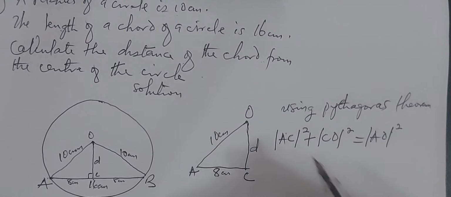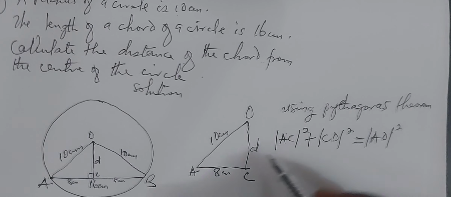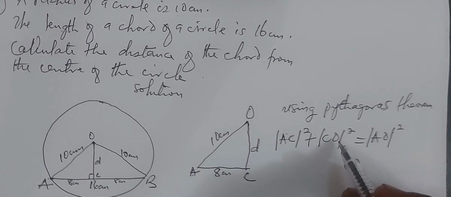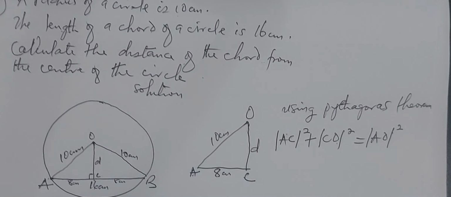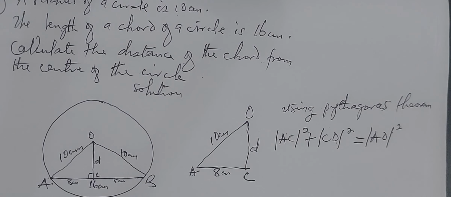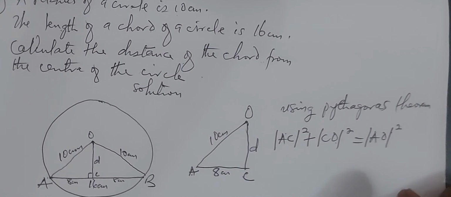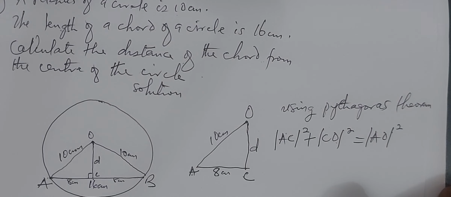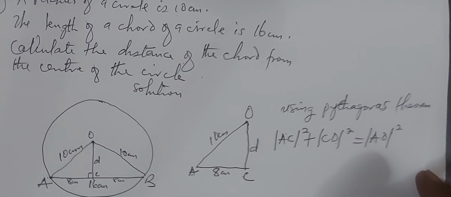What I mean is that line AC square plus CO square is equals to line AO square. That is Pythagoras theorem. The sum of the square of the adjacent and the opposite is equals to the square of the hypotenuse.